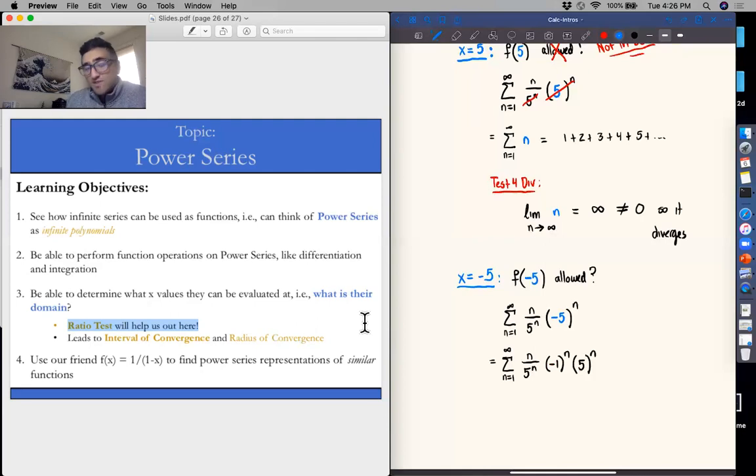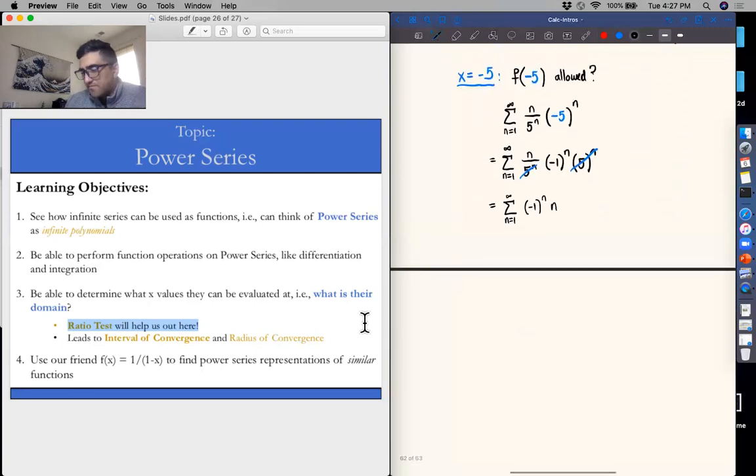And the reason why we did that is, well, these 5 to the n's cancel out. So what we actually have here is this series now of -1 to the n all times n, which is an alternating series. If we just wrote out the first couple terms of this, we have -1 plus 2, -3 plus 4, -5 plus 6, etc. Our gut feeling is this probably is not going to converge.